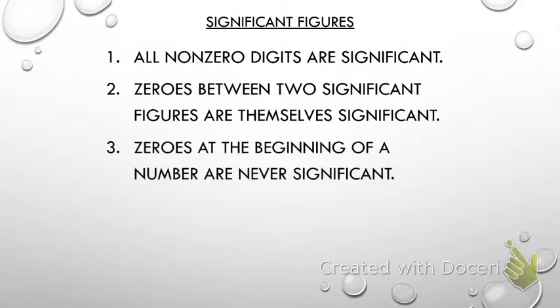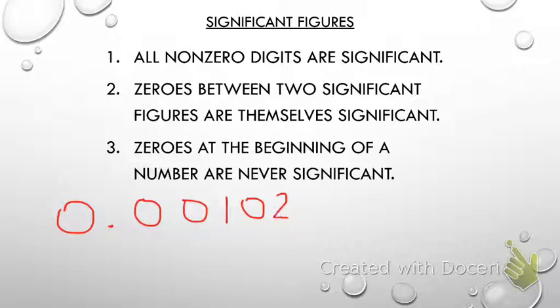Zeros at the beginning of a number are never significant. So what's an example of that? 0.00102 grams, for example.